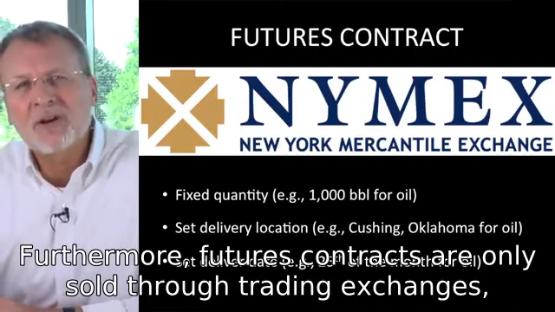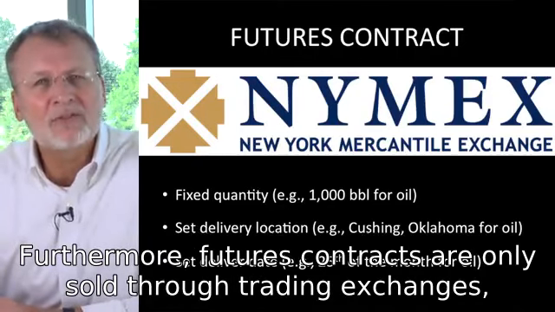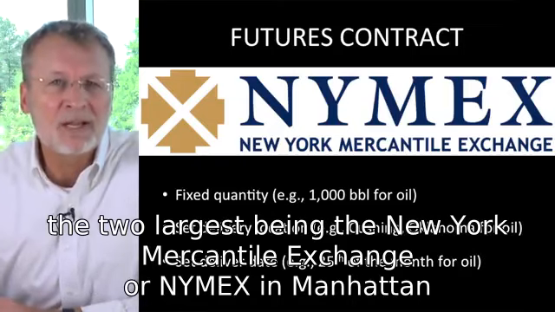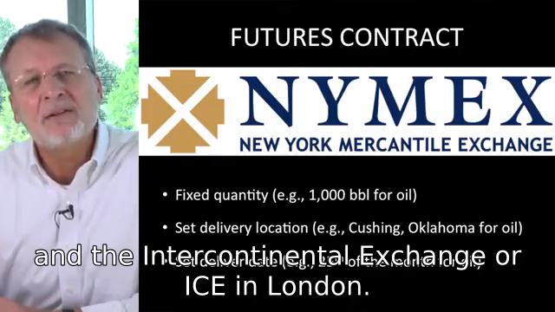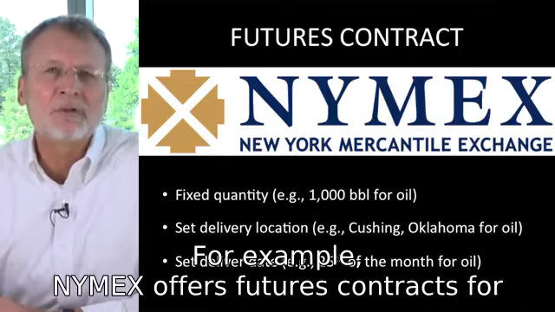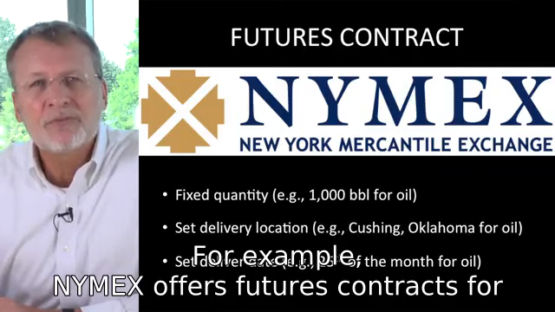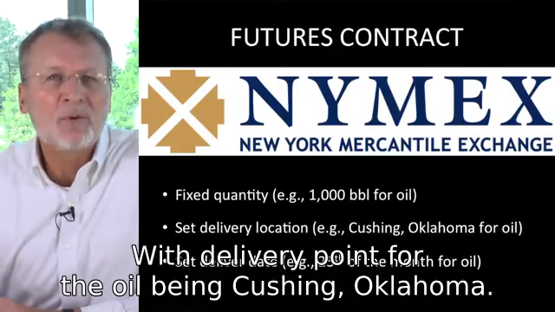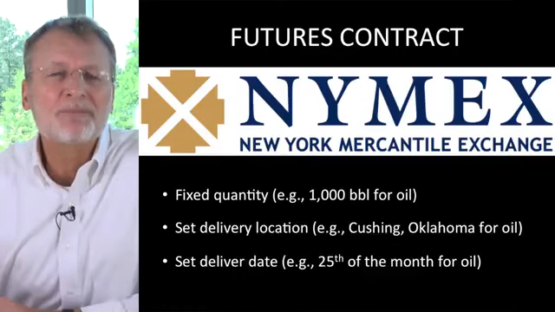Furthermore, futures contracts are only sold through trading exchanges, the two largest being the New York Mercantile Exchange, or NYMEX, in Manhattan, and the Intercontinental Exchange, or ICE, in London. For example, NYMEX offers futures contracts for oil that can be received 1 to 18 months in the future, with the delivery point for the oil being Cushing, Oklahoma.